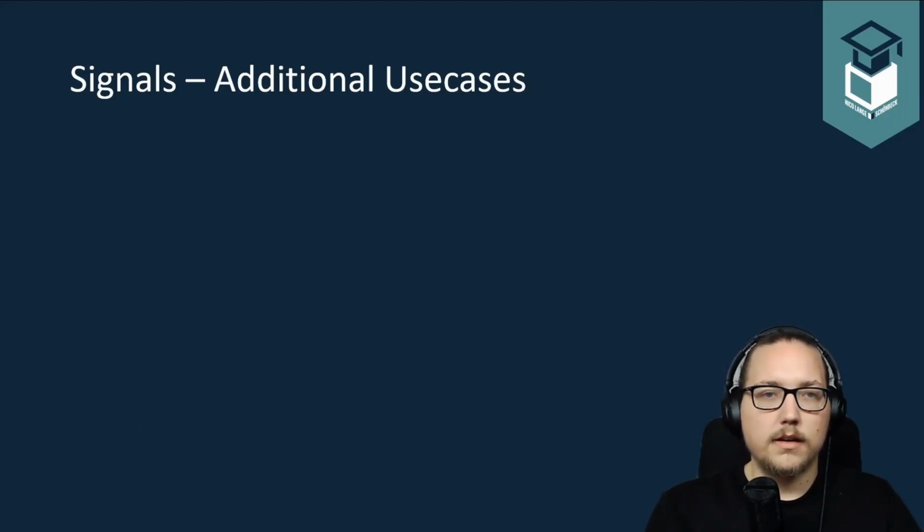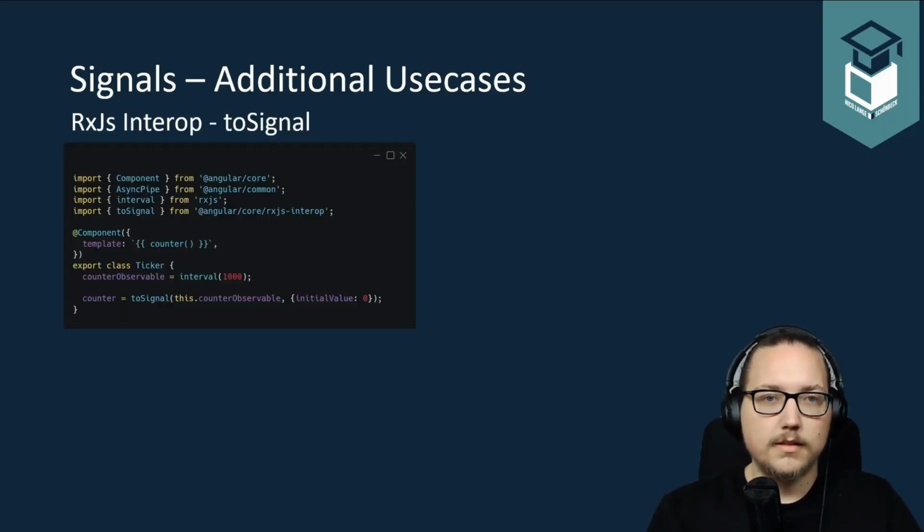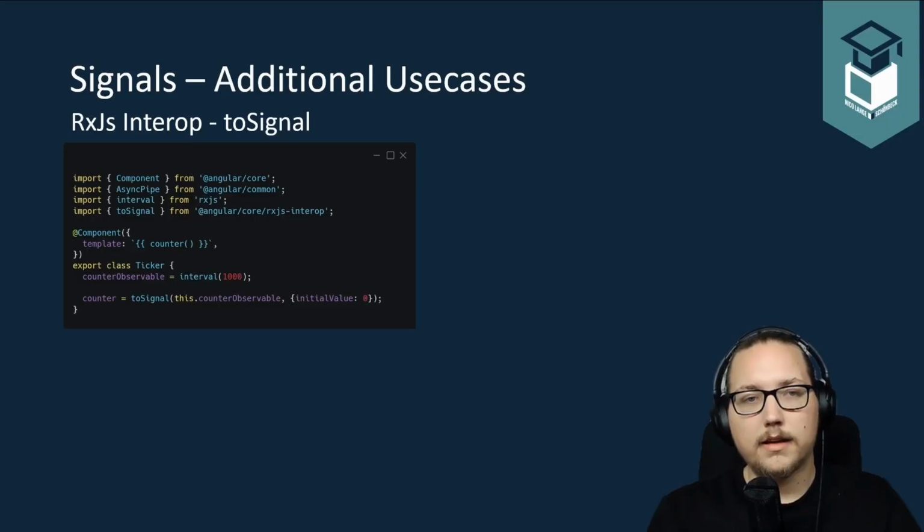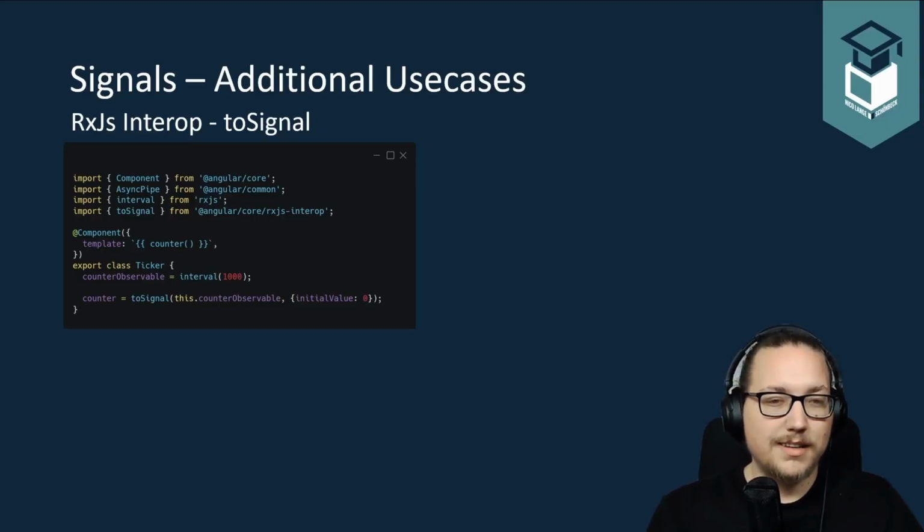Also, Angular has thought about the observable stuff, because in Angular you have a lot of observable stuff until Angular 17, and what they now have is two functions that can be used with RxJS. They have toSignal.